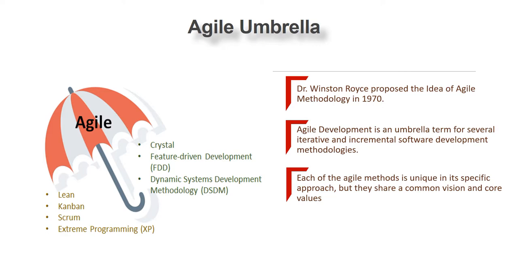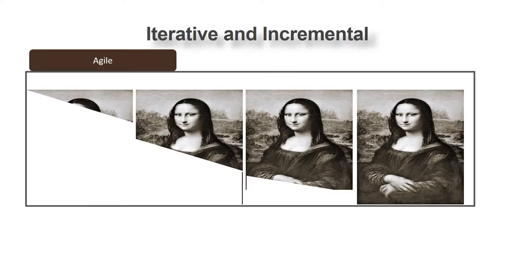And we saw the reason as to why Agile has suddenly exploded on the screen and why all the IT organizations are moving towards Agile. And the second point is more about the iterative and incremental approach, and we'll see that soon in the upcoming slides. So that's about Agile methodology and the frameworks related to Agile.